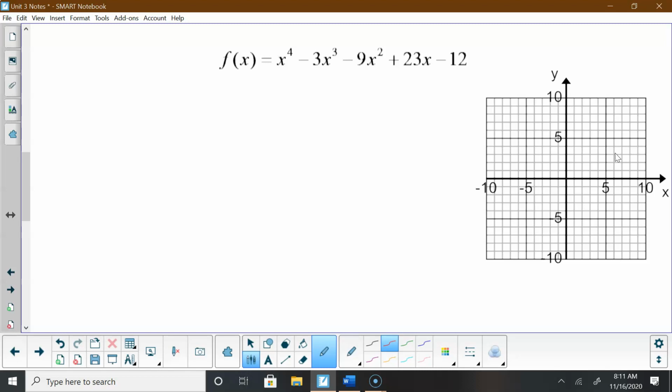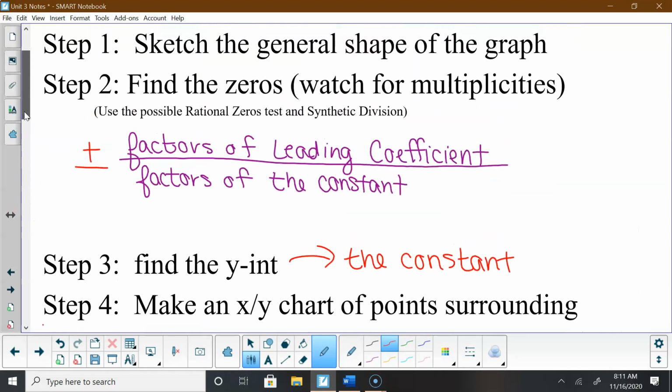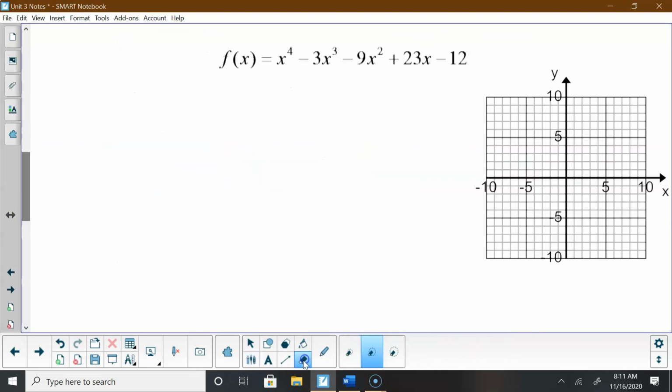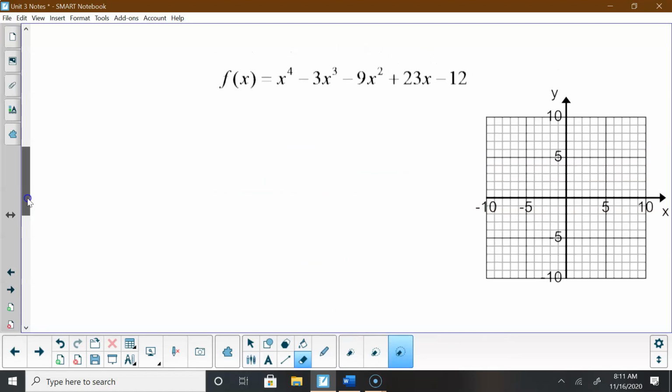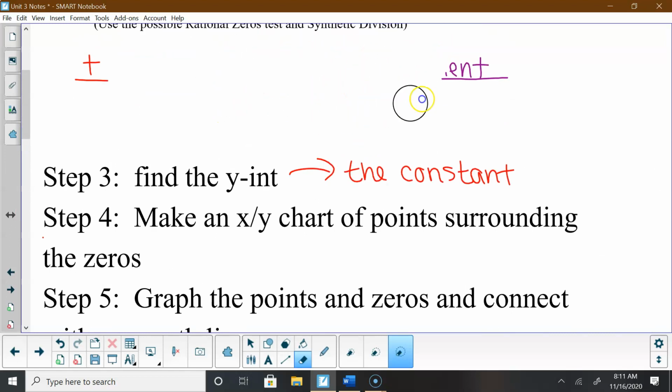I flip-flopped up here. It's not leading coefficient over the constant. It's constant over the leading coefficient. So if y'all need erasers, let me know. My bad. It's Monday.